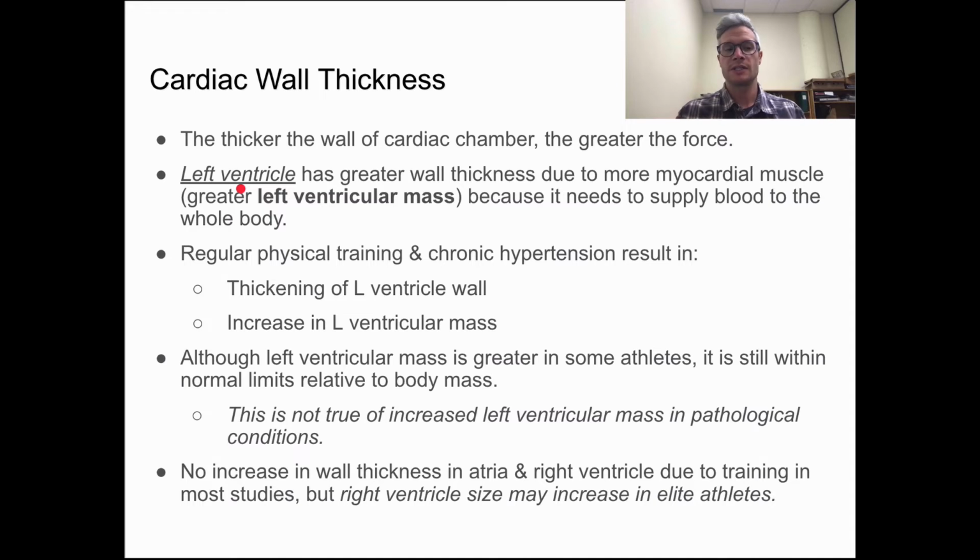Shorter distance, not as robust a vascular system per se, in the sense that there are not as thick arterial walls for a long duration of travel time. So again, do we need a very strong force for that? No, we need definitely some more than we would from the atria to the ventricles, but maybe not as much as our left ventricle.